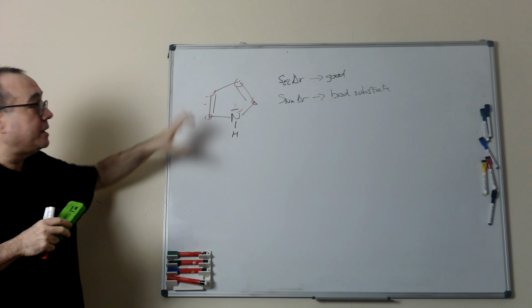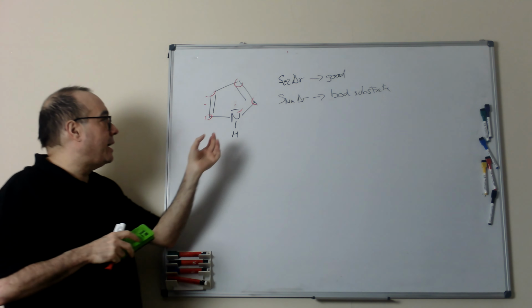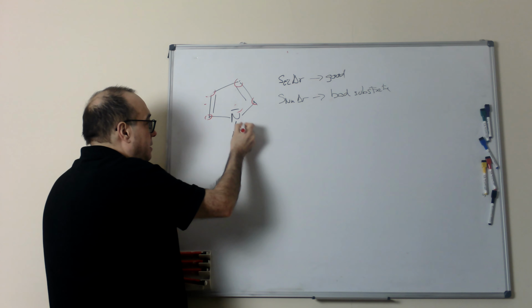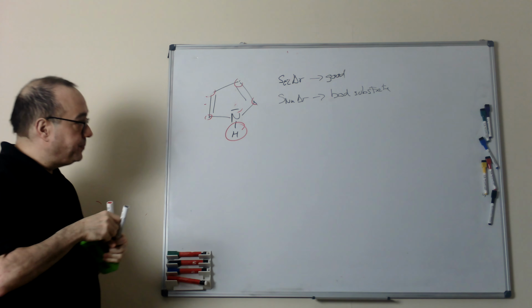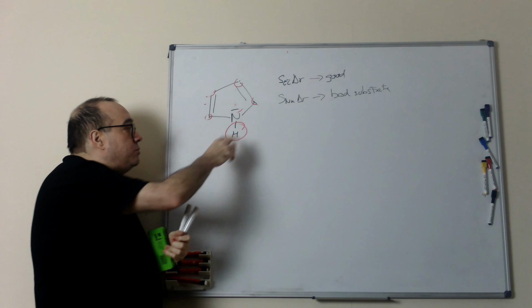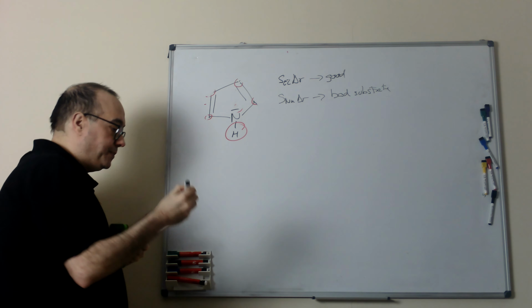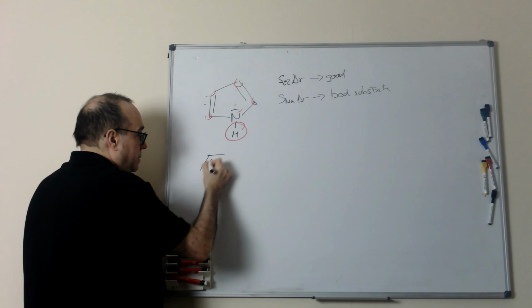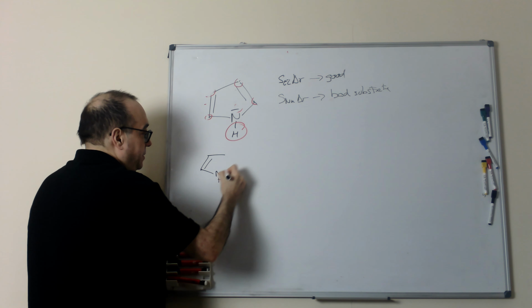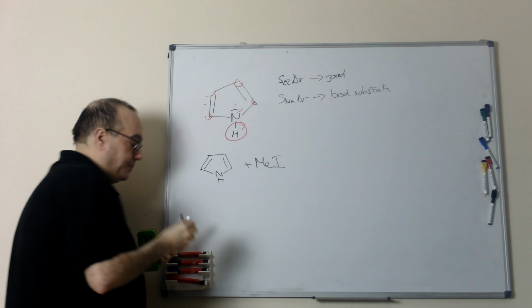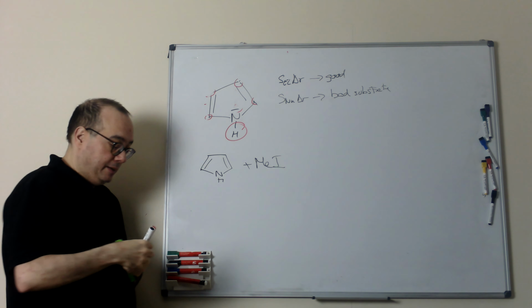This is also important to know the reactivity, how we can do a substitution on the nitrogen. We take pyrrole and we want to put a methyl on the nitrogen. Our first option is to add methyl iodide.